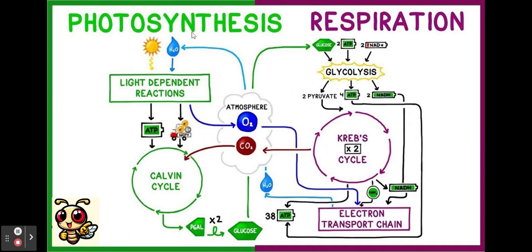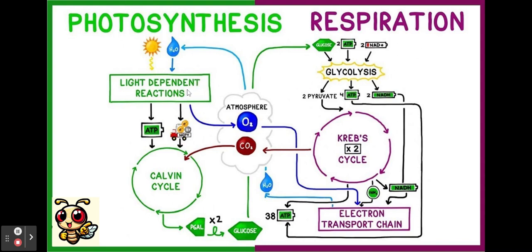All right. Know about photosynthesis too and how it interplays with respiration. Note, I just talked about all the things in respiration. I won't belabor that point. But byproducts of respiration are H2O, which is needed in photosynthesis, and CO2, which is made in the Krebs cycle and that pyruvate oxidation, which is needed for the Calvin cycle over here, the carbon fixation by Rubisco to make PGAL or G3P and eventually glucose, which will feed into respiration.